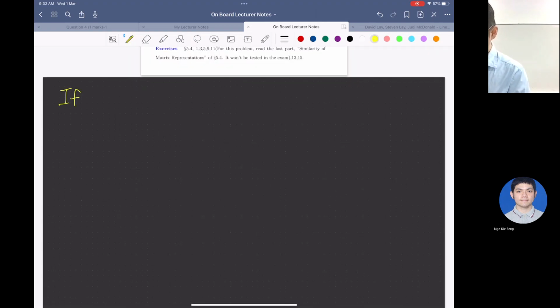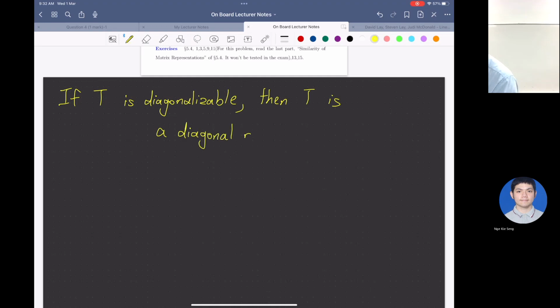If T is diagonalizable, then T is a diagonal matrix after applying a basis change on the vector space.